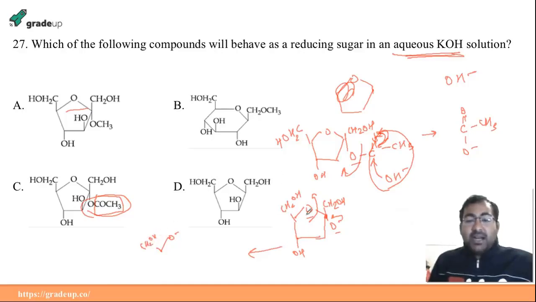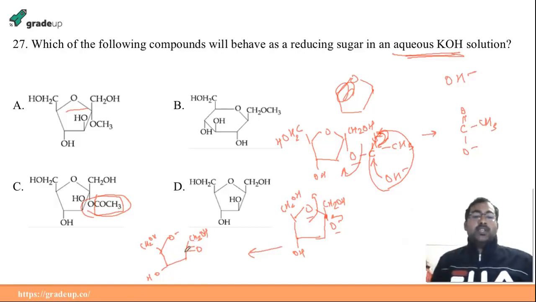Actually, these parts are really unnecessary, because they wanted to make it a sugar or something. It makes the system look complex, but you should understand there is nothing complex in this question. So you get a CH2OH here.